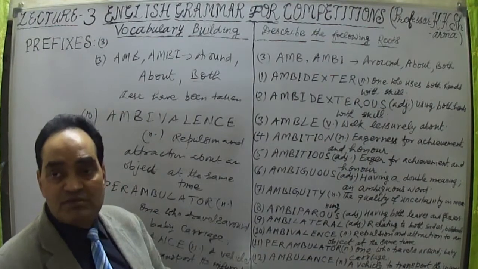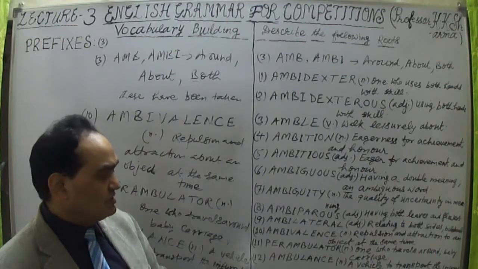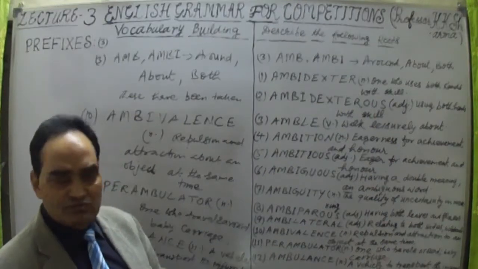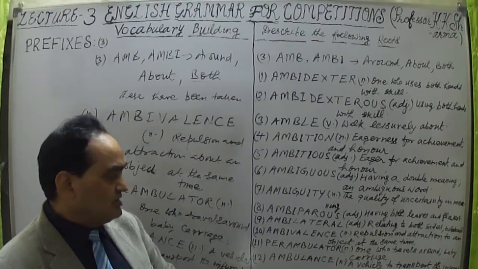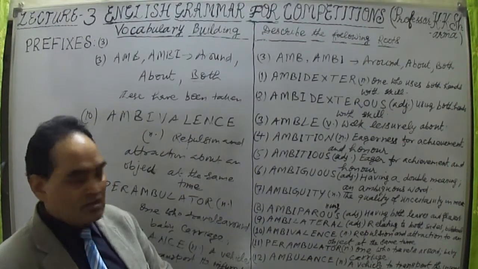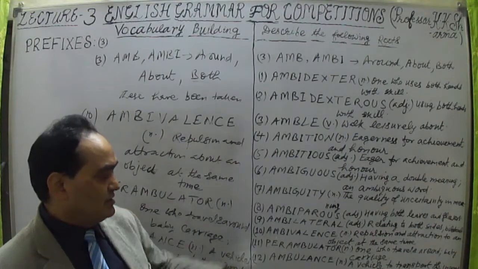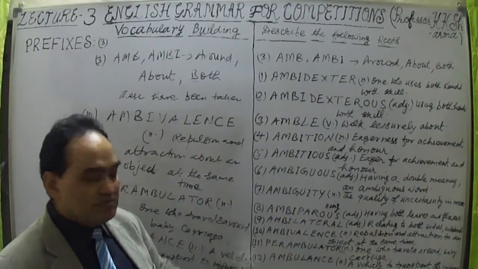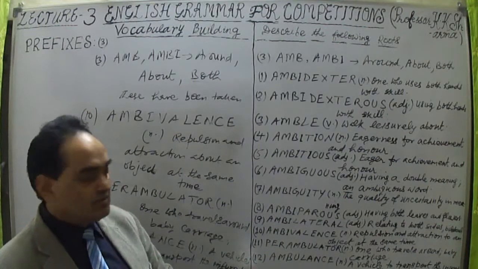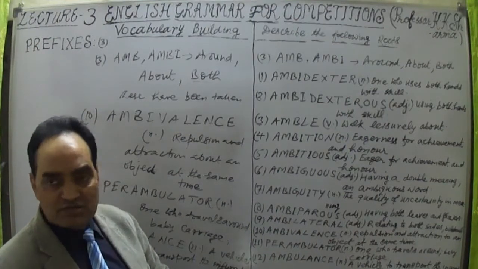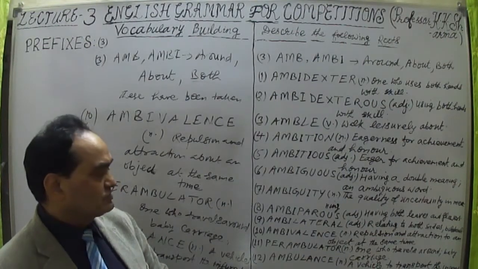Then ambivalence noun, ambivalent adjective: anything which has repulsion and attraction, both these things. Then ambilateral, ambilaterous, ambilateralness. Then ambiparous, adjective, and ambipariously, adverb, we can say.